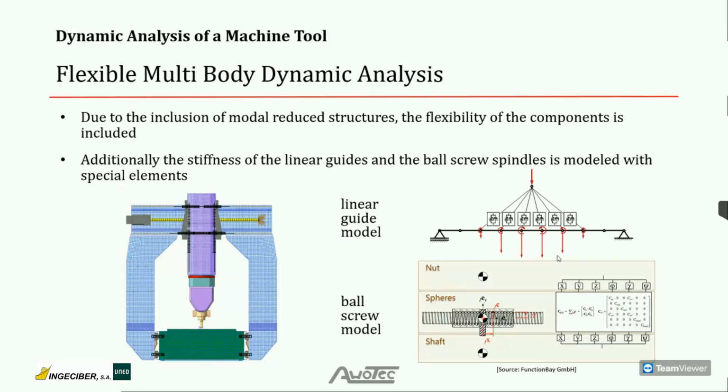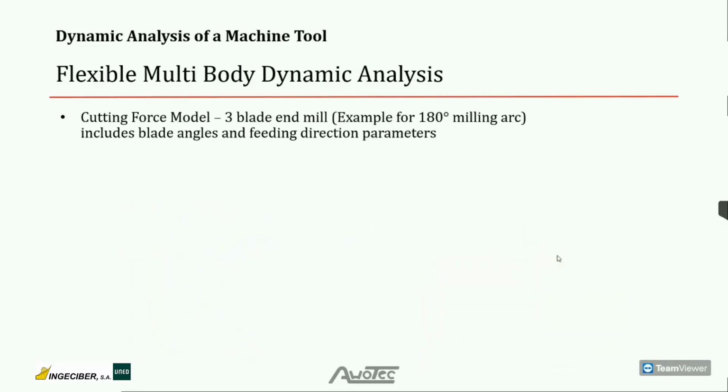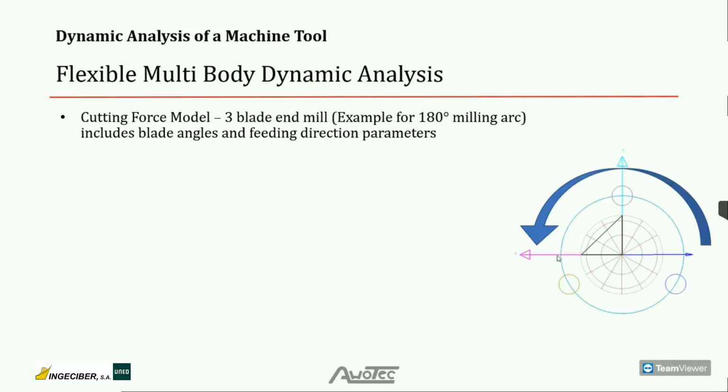For the performed studies, as explained before, a cutting force model with 3 blades instead of multiple blades was used to show the effect of this non-harmonic excitation. To explain that, you see here on the right-hand side a symbolic representation of the milling tool.